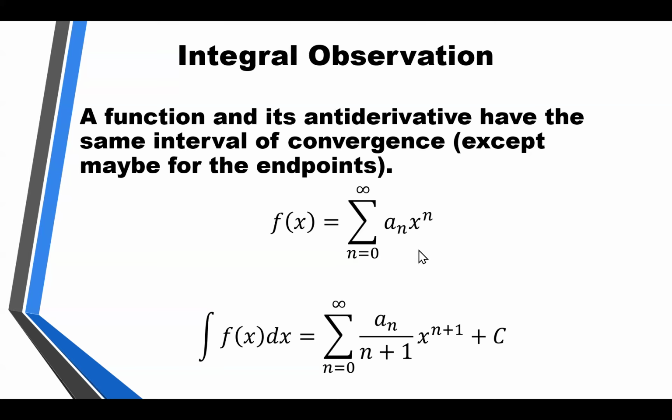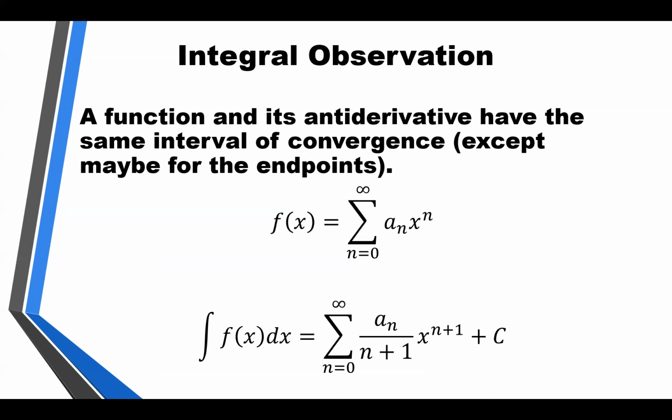Therefore, if I find the interval of convergence for my function, that's going to be the same interval of convergence as the integral of the function, except when I plug in the endpoints here versus when I plug in the endpoints here, it might give me different convergence versus divergence options.